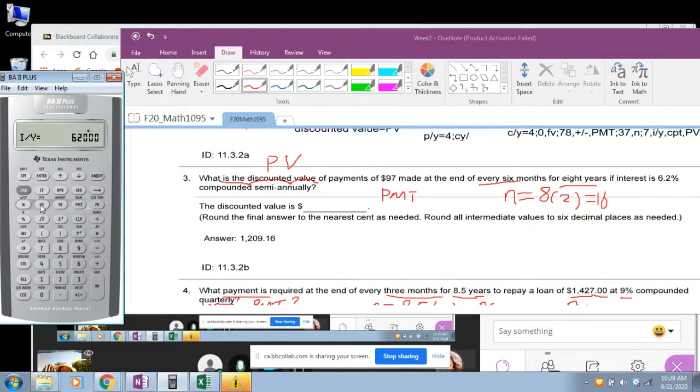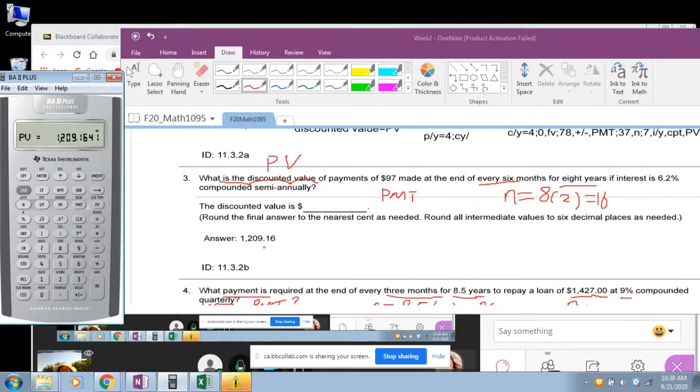You need 4 numbers to enter. What is the next number I should enter? Anyone? Excellent. 0 is FV. You need to enter 4 numbers. Remember this on calculator. Okay, 0 FV. And then final step, compute PV. So you get $1,009.16. You see the answer here in front of you.